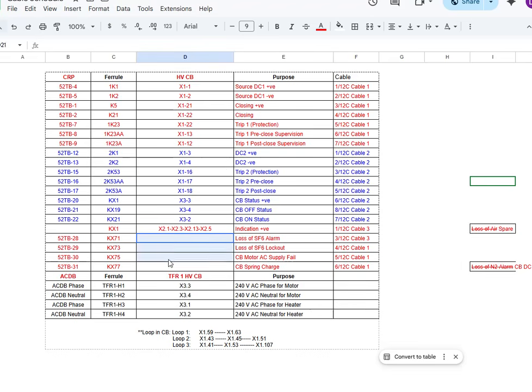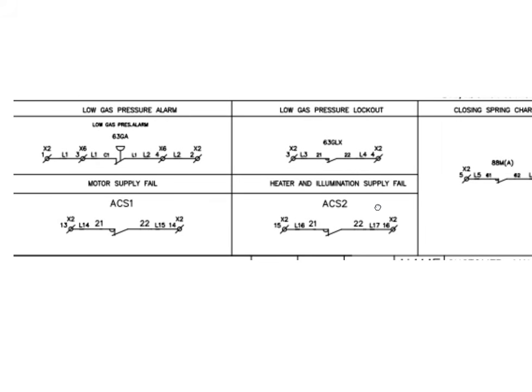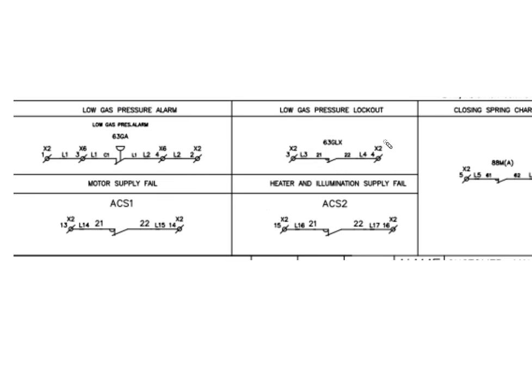Now the other end of these contacts we'll write here. Loss of SF6 is x2 dot 2. We'll use the dot convention. For loss of SF6 lockout, it's x2 dot 4.